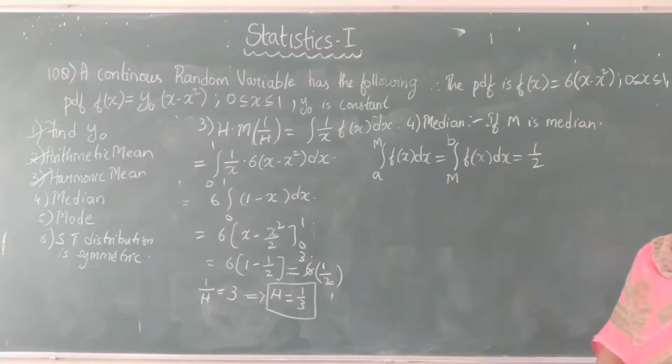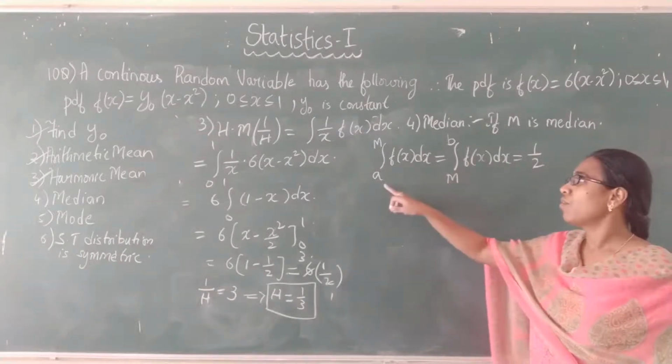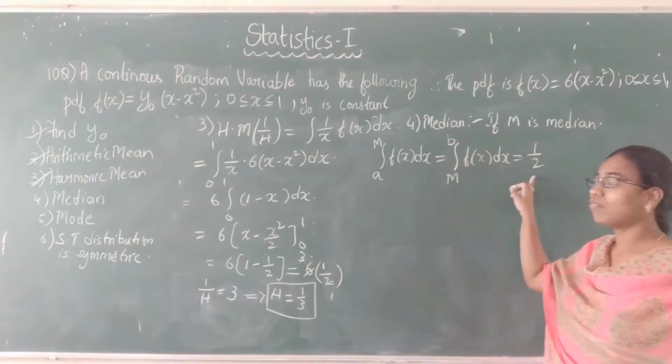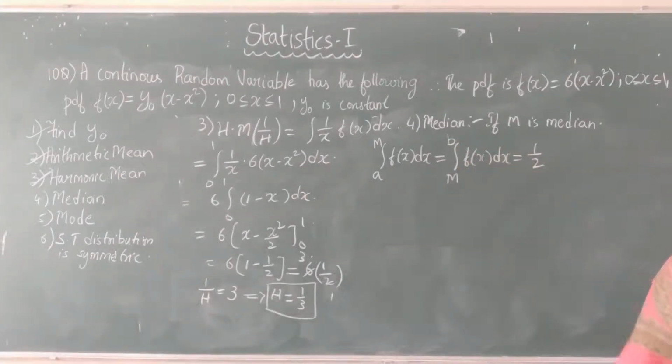Why is it equal to 1 by 2? Median means it divides into two equal parts. If m is a middle value, from the lower limit to the middle value will be half, and from the middle value to the last value will be half. Now we will consider any one equation and find out the median value.